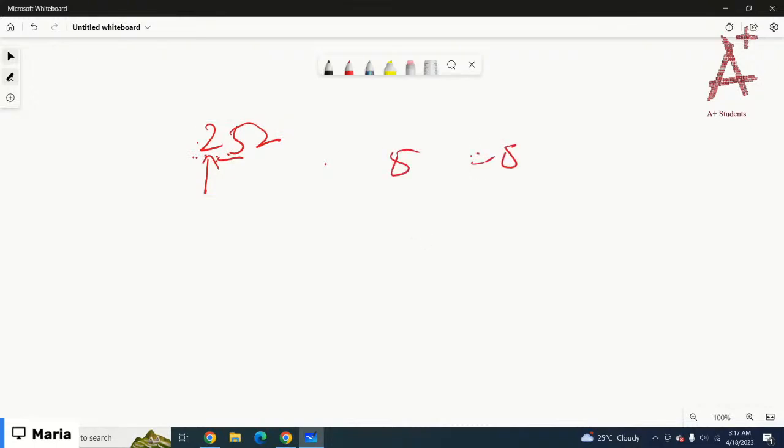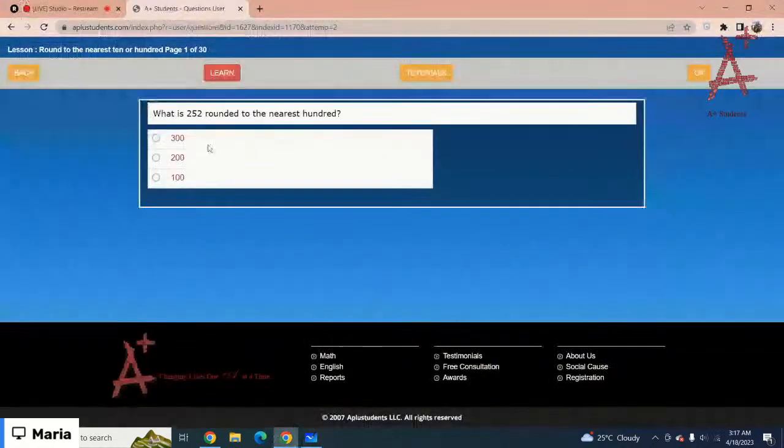So 5 is equal to 5. Got it? They both are exactly equal. So when 5 is equal to 5, in this case you have to round up. Round up means add 1 to the digit that is at the 100 position. So 2 plus 1 is 3. So it would be rounded off to 300. Got it? If the number is equal to 5 or greater than 5, you have to round up.